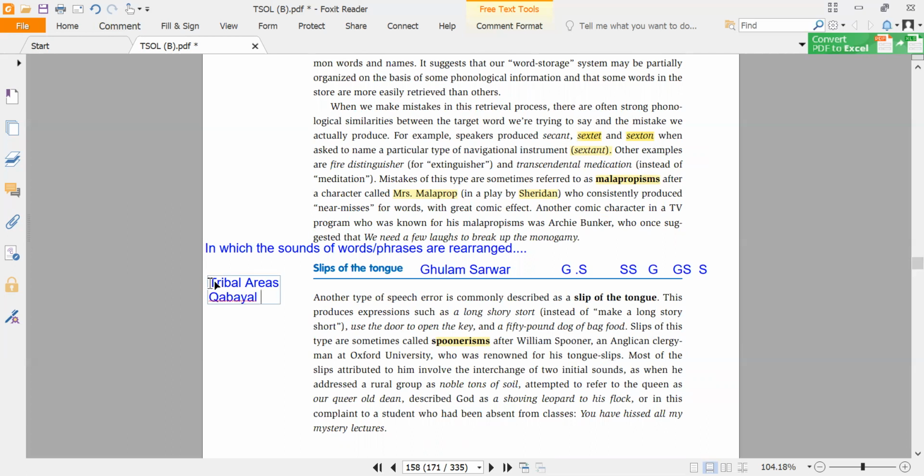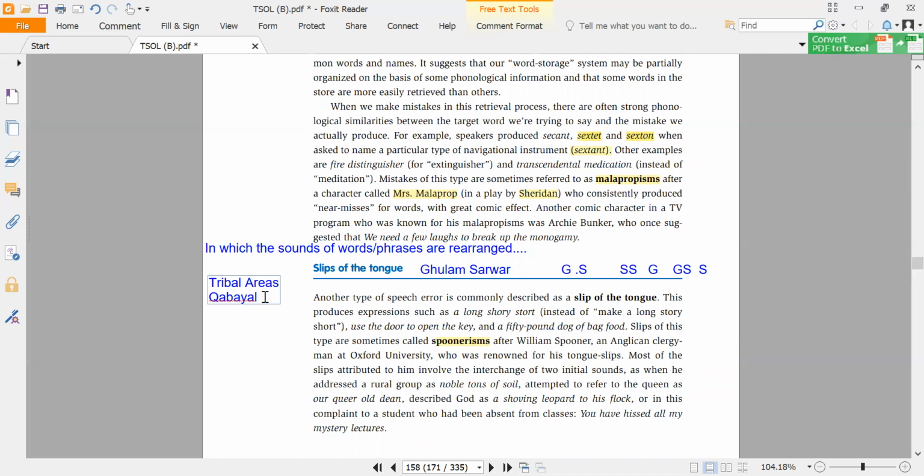So he rearranged these words, and he said, we have got Trabail, sorry, we have got tribal, and Kabail. See, I also mixed up the sounds.